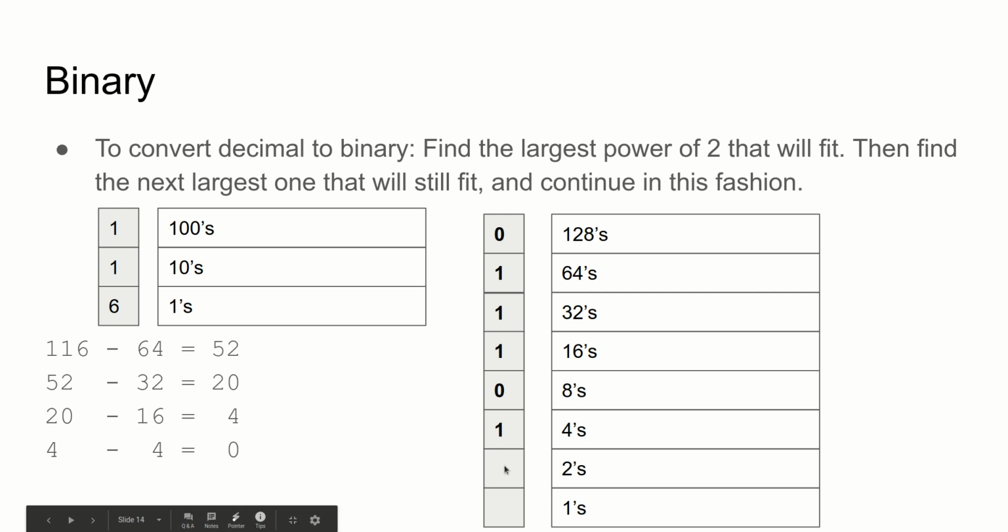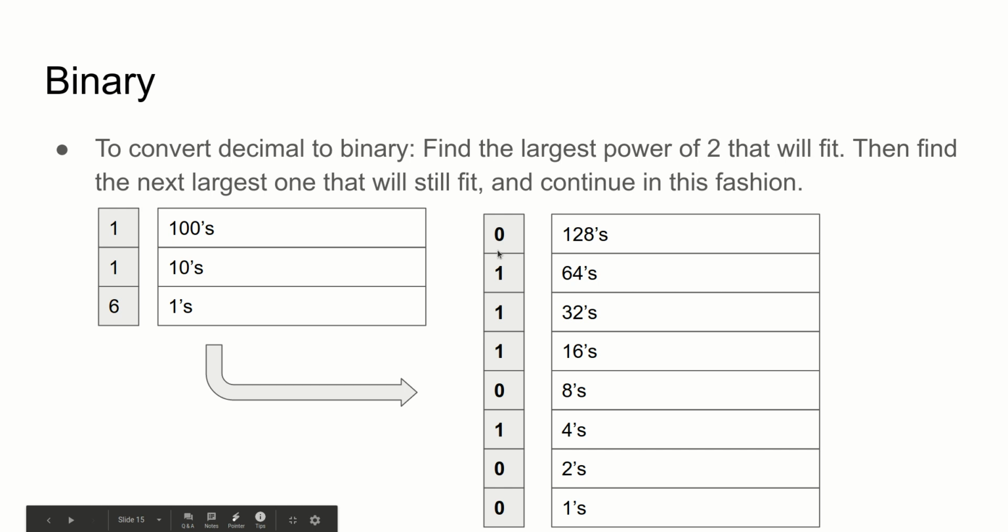We do need those following zeros for the twos place and the ones place, or otherwise when we look at this binary number, we won't know that the digit that's on right here is the fours digit. So we do have to include those zeros or the number is not correct. Just like you have to include the zeros in the number 1000 or you won't know that its place is 1000.